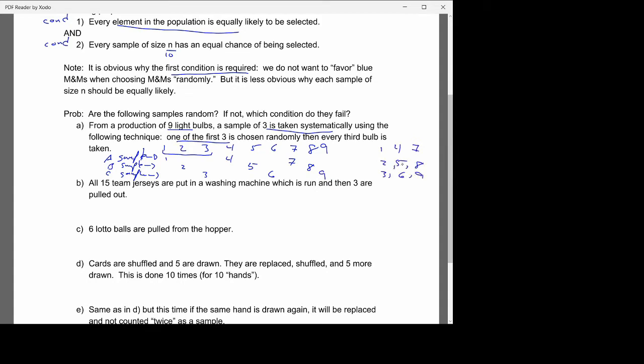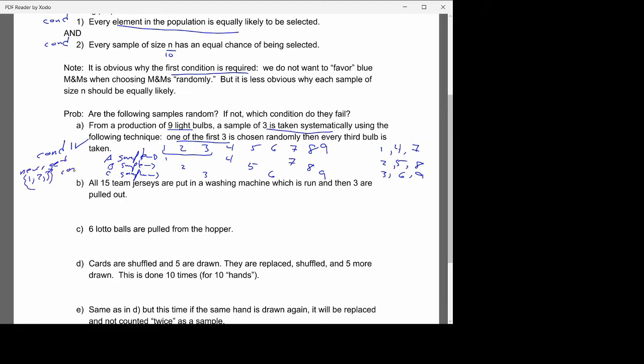And I say, oh, you know what? Every bulb has a possibility of being chosen, and every bulb has a possibility of being chosen only once. So it looks like it meets condition 1. Good. However, there are some sets you cannot get, like you'll never get bulbs 1, 2, and 3.